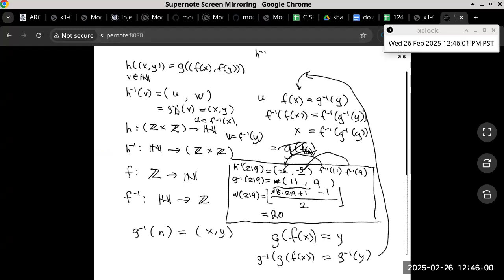And that's why we have to look into G inverse first to V. And G inverse will give us two natural numbers, each of which is the result of applying F. So that's why we have to apply F inverse to X in order to get U, and then we have to apply F inverse of Y to get W back. So does that help explain the whole process of the third step of the question?